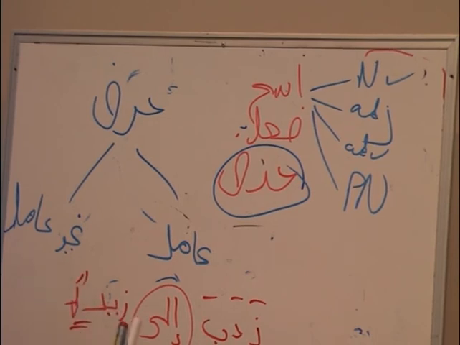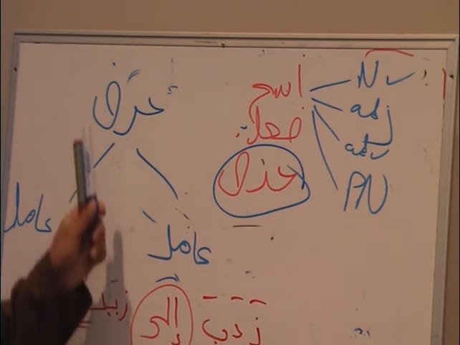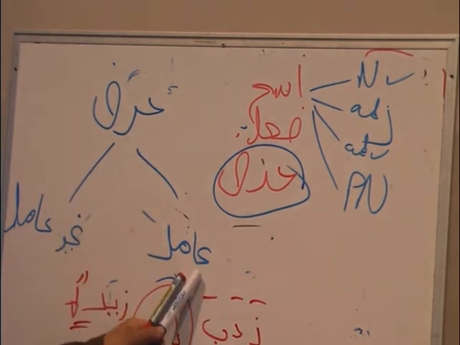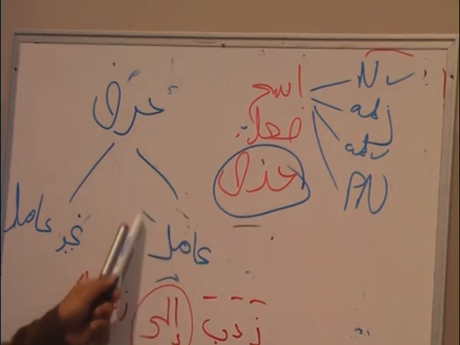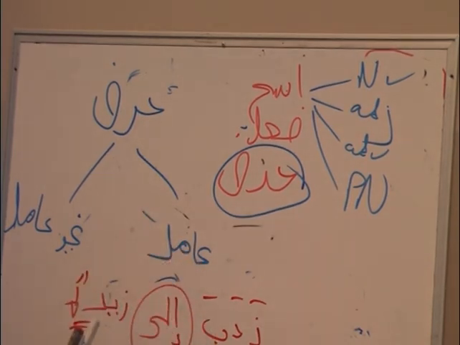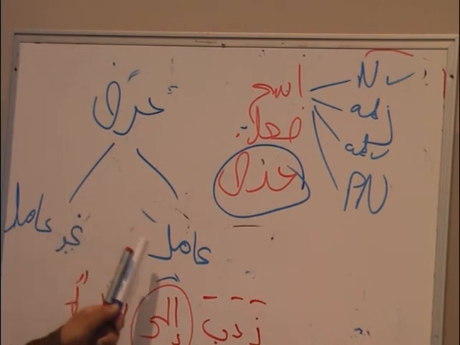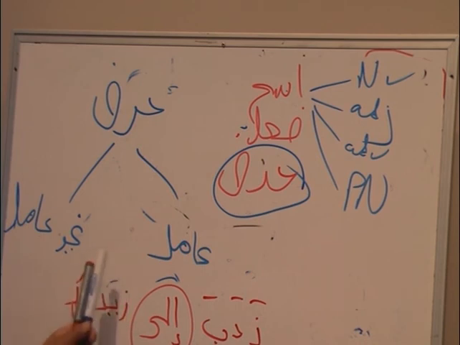We'll continue this subject next time, but what you understand is that harf are amil and ghayru amil, and that the amil, the governing agent, actually affects the pronunciation of the word that comes after it. So Zaydun goes to Zaydin. We're going to talk much more about what these endings are in the isms, but I want you to just appreciate that this is happening.